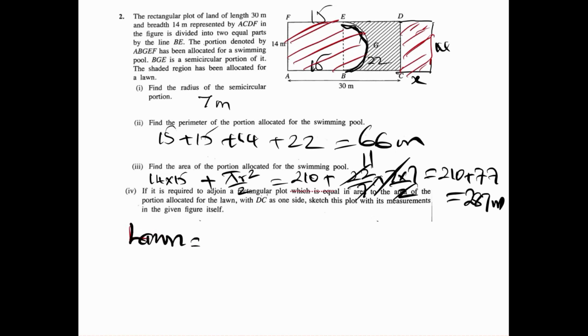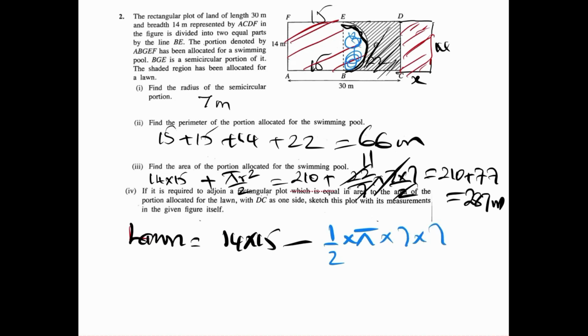The loan area is equal to the whole rectangle, that's going to be 14 times 15, and take away the semicircle part. We know it's a semicircle, so it's half pi r squared, where r is 7.